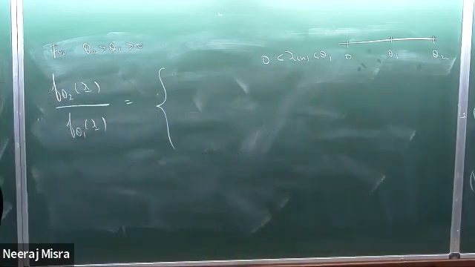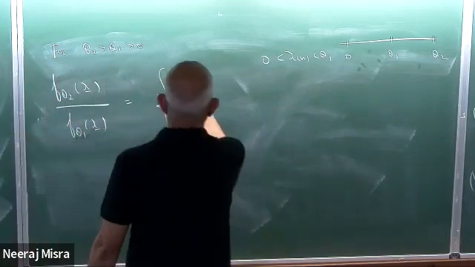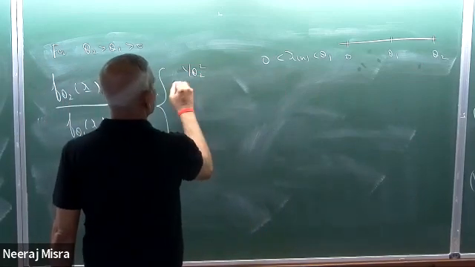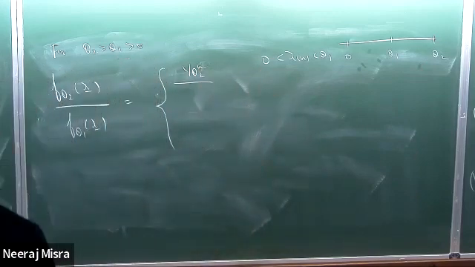If xn is less than theta 2, f theta 2 x is 1 by theta 2 to the power n. All right. And what is f theta 1 x? Because xn is also less than theta 1, f theta 1 x would be 1 by theta 1 to the power n.